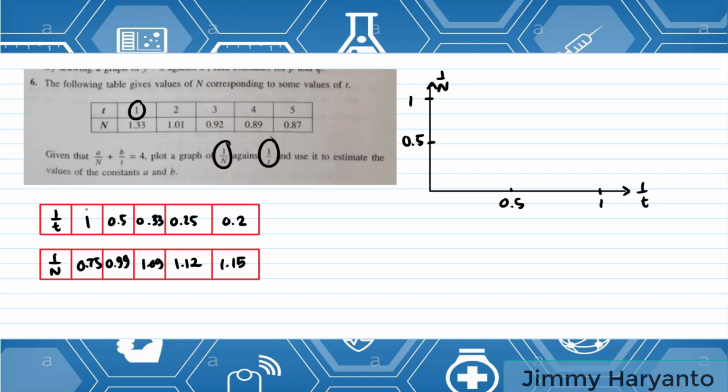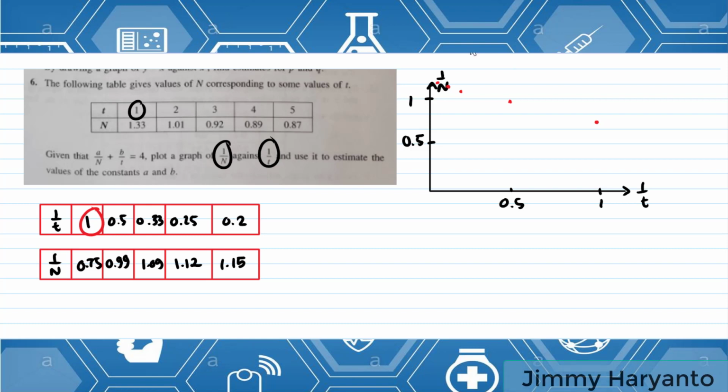So the points will be 1, 0.75 right here, and then 0.5, 0.99 right here, and then 0.33 and 1.09 will be right here, and then this one right here, right there.